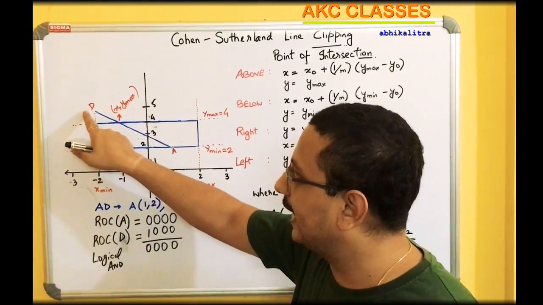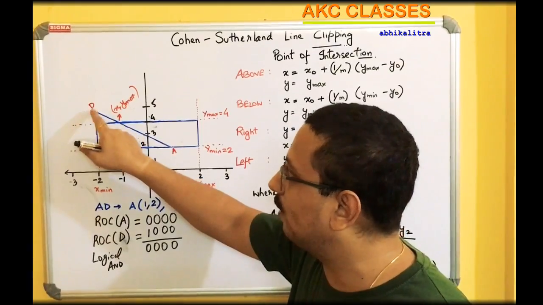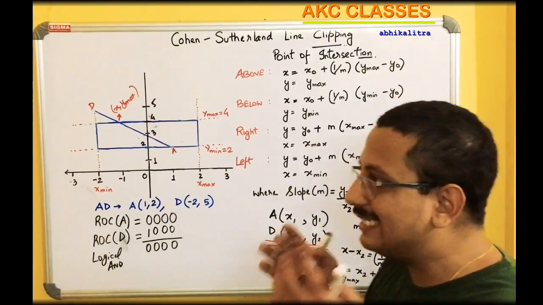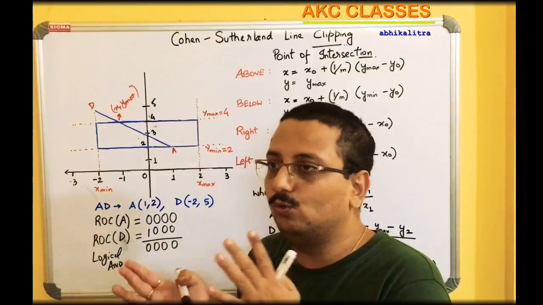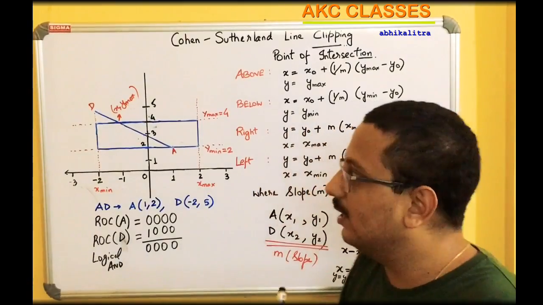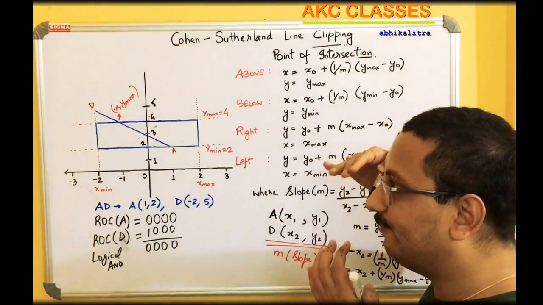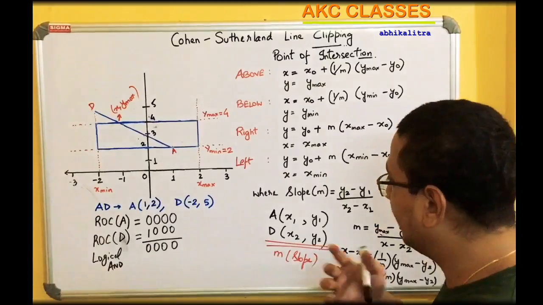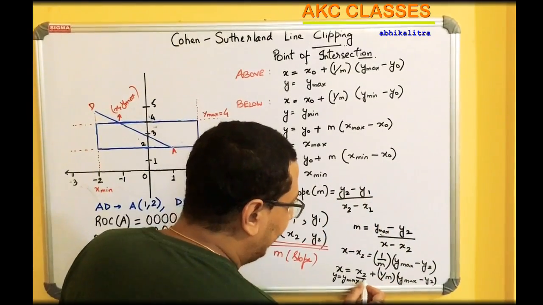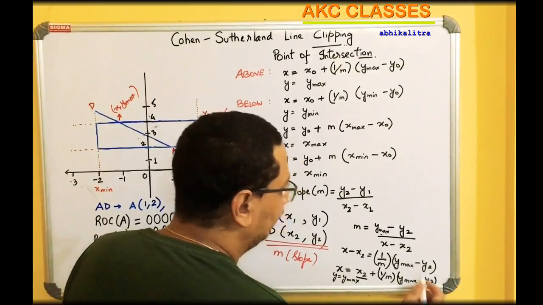So we assign the value of x2 comma y2 to another coordinate location x0 comma y0, which are the two variables now responsible for trimming the line which is outside the rectangular boundary. That means we just have to replace x2 with x0 and y2 with y0.